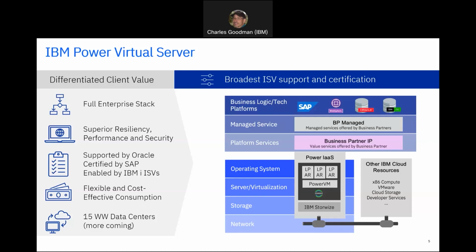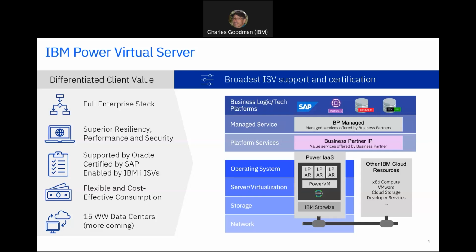If you look on top of these, you'll see platform services, managed services, and then the application logic on top of this. And we have partners, or you're completely welcome to take it and provide additional services on top of our Power Virtual Server. And we have offerings that I'll talk later about our backup in the cloud, which is a platform service.